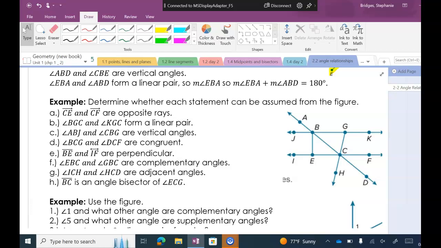Okay, just a yes or no answer. Yes, you can assume it based off of the picture and what it represents, or no, you cannot.